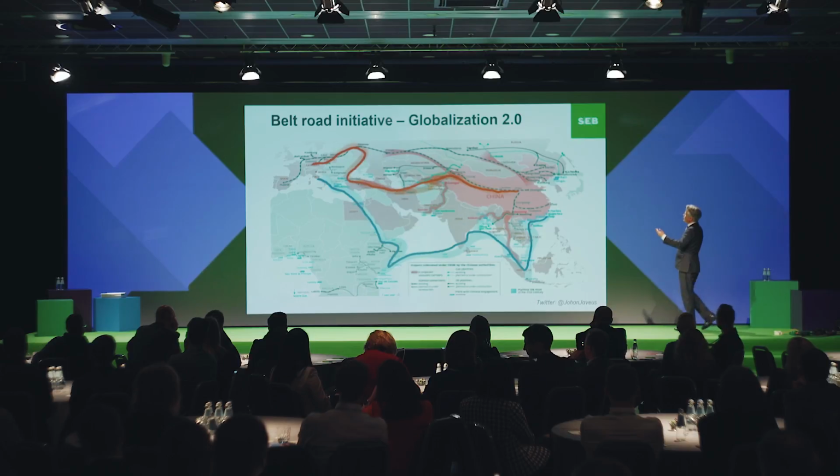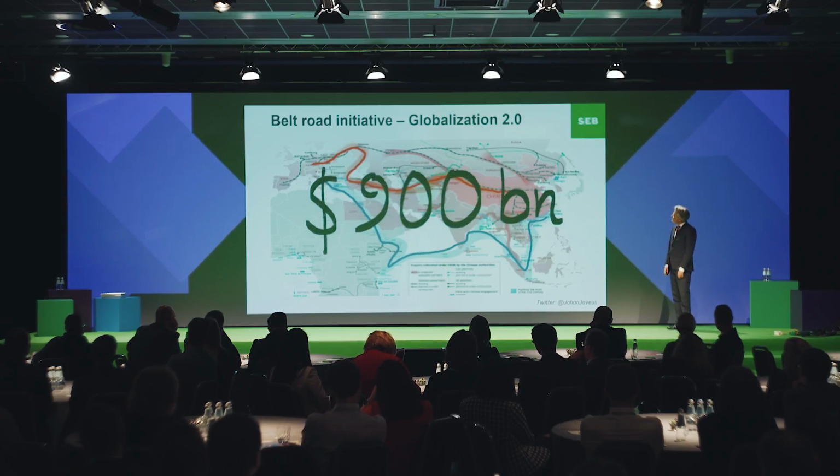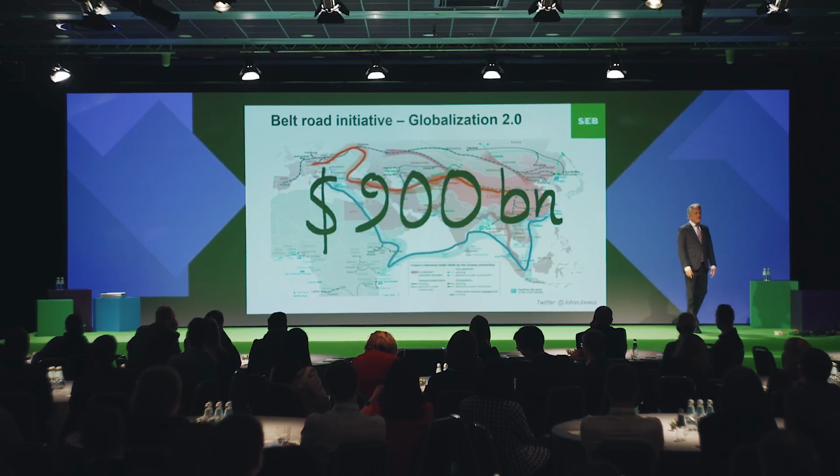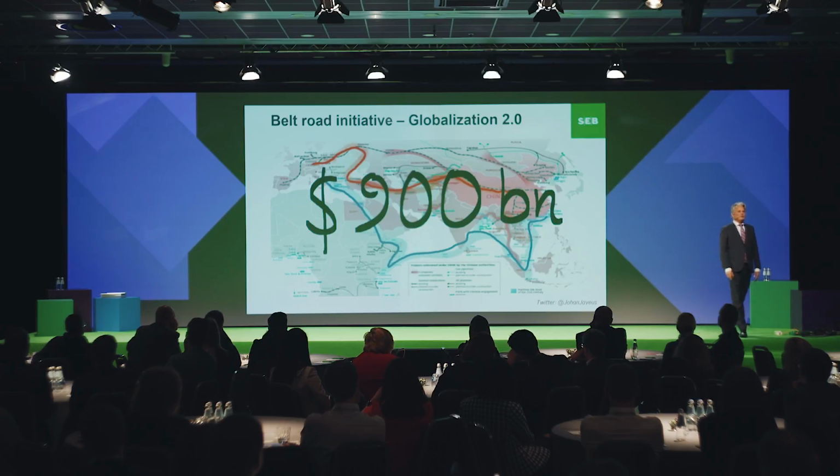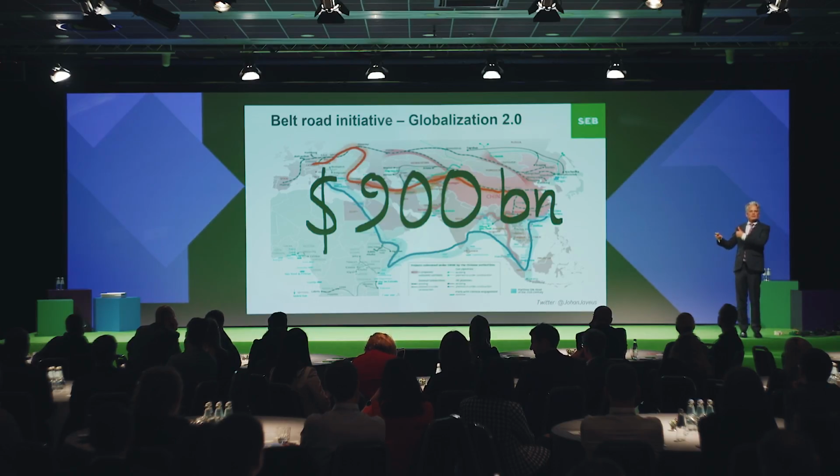There's been a lot of criticism against this project because China becomes more and more influential. But China is about to spend about $900 billion in infrastructure investments in this project over the next 10 years. So this is globalization in action, happening here and now.